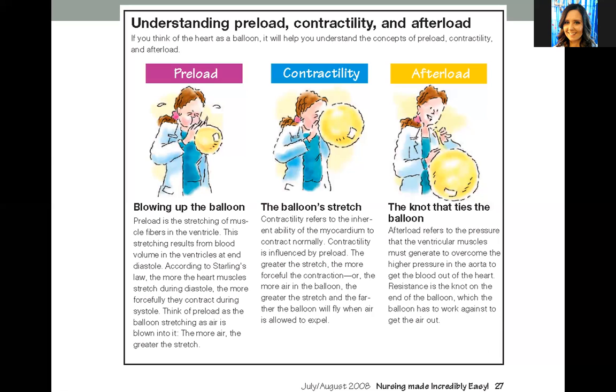So the right side pumps to the lungs. So how is the pressure in my pulmonary vasculature? If it's high, like say I have pulmonary hypertension, that right ventricle is going to have a hard time squeezing blood out. An example that could decrease afterload with the pulmonary vascular resistance, so right-sided afterload, could be Viagra.